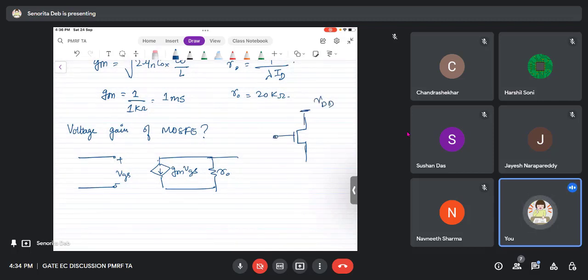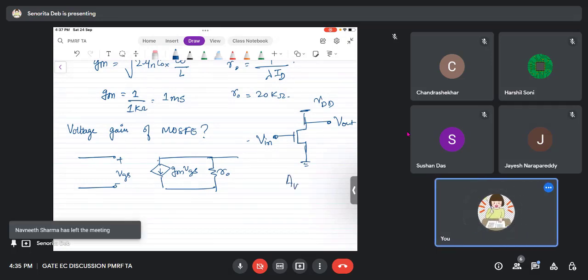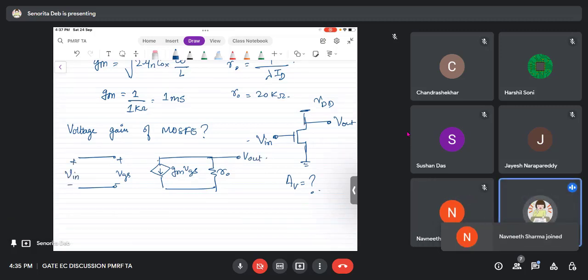I put a V in voltage here along with some biasing, and I'm taking the voltage V out from here. And I'm asking you what is AV, the voltage gain? So this will be V out, and here it is V in, in the small signal.